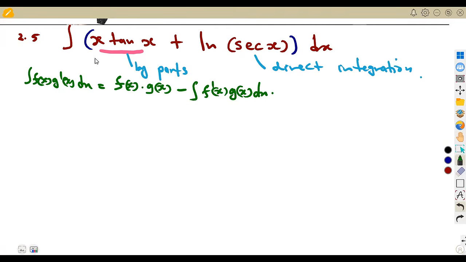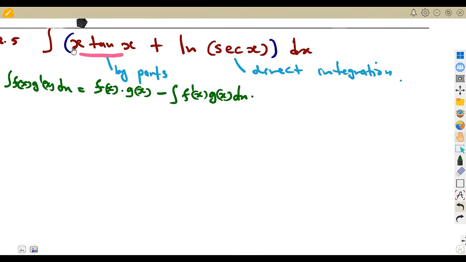So there's a need for us to have our f of x. We can take our f of x to be x, and our algebraic is going to be easier that way. For an algebraic and a trig, it's best to choose algebraic. So f of x is equal to x.